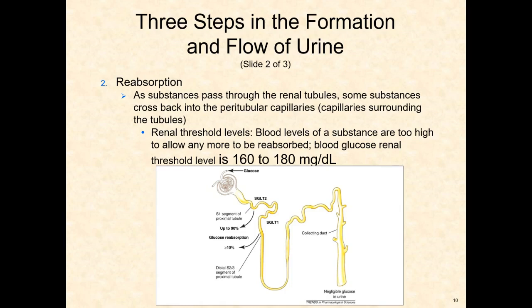Now, people that are non-diabetics walking around usually have a blood sugar between 70 and 110. If you're a diabetic, it's not uncommon on occasion for your blood sugar to get up to 160 or 180 or higher. And when that does happen, your kidneys cannot push that much back into the blood. So then we start seeing sugar in the urine.